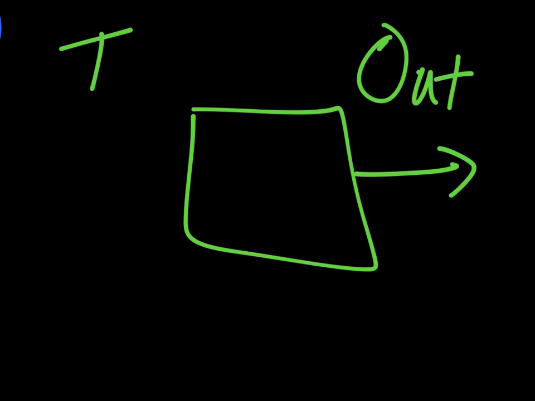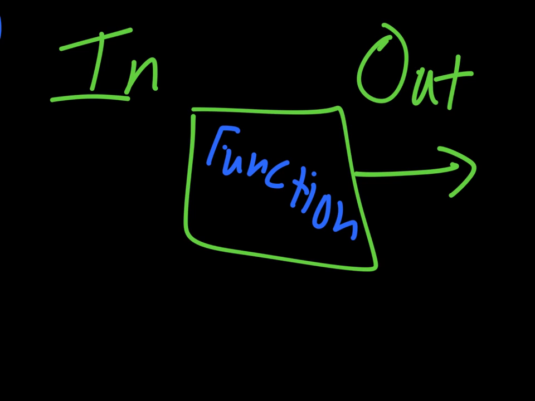If I have our factory, and this is out, and this is in, the function is in here, and this is our in, okay?